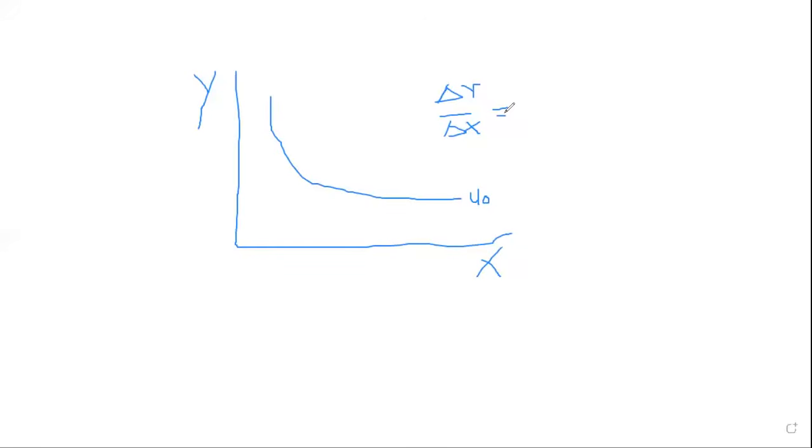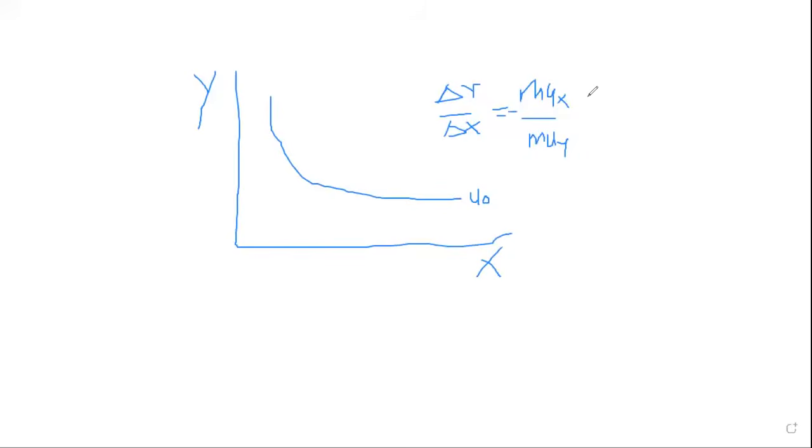But we can show that the slope of the indifference curve at every point is the negative of the ratio of marginal utility of x over the marginal utility of y.